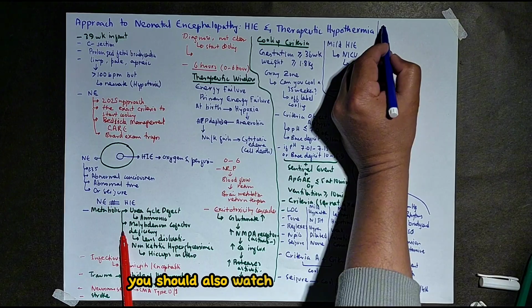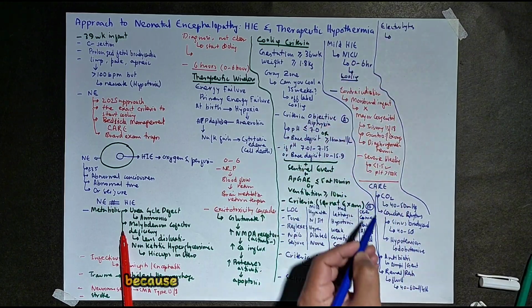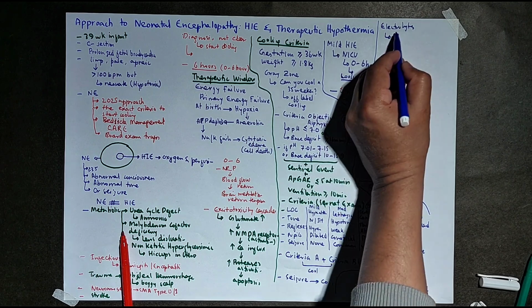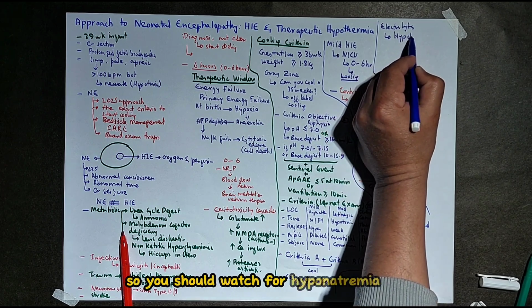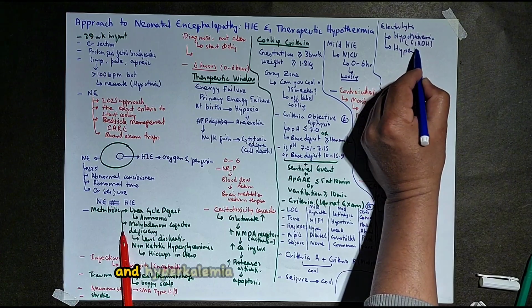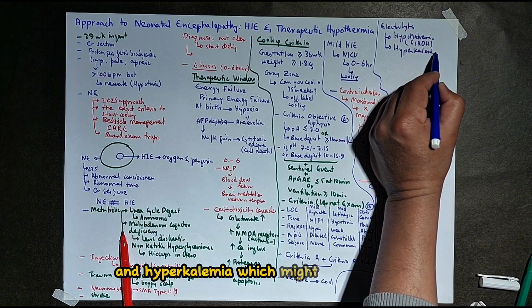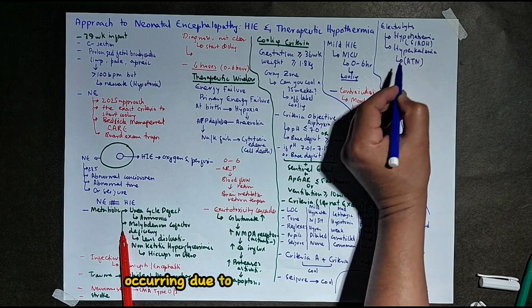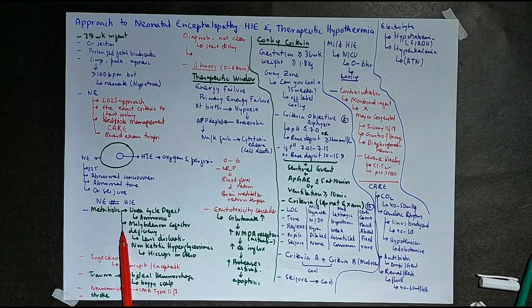You should also watch for electrolytes because SIADH can cause hyponatremia. So you should watch for hyponatremia, which is due to SIADH, and hyperkalemia, which might be due to cell necrosis occurring due to acute tubular necrosis.